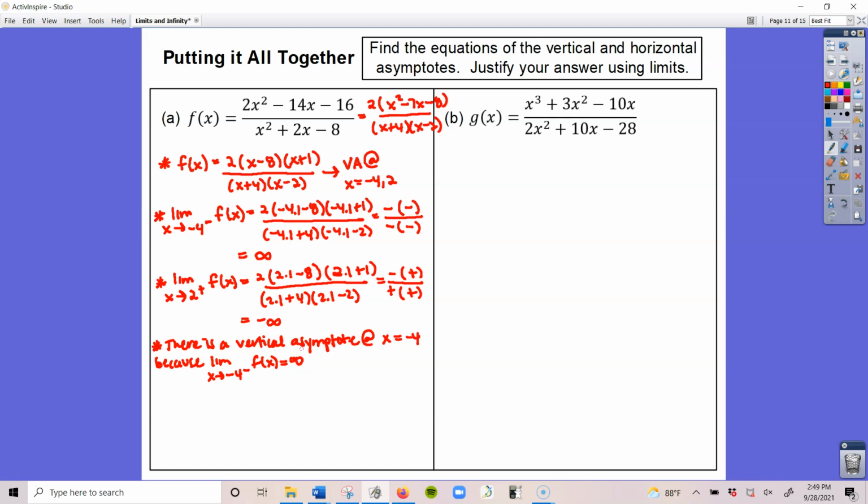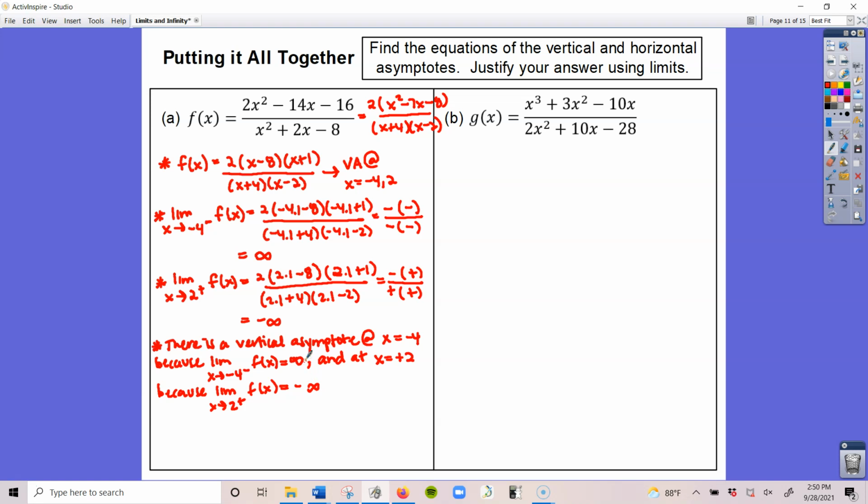And at x is equal to positive 2 because the limit as x is approaching 2 from the right of f of x is equal to negative infinity.